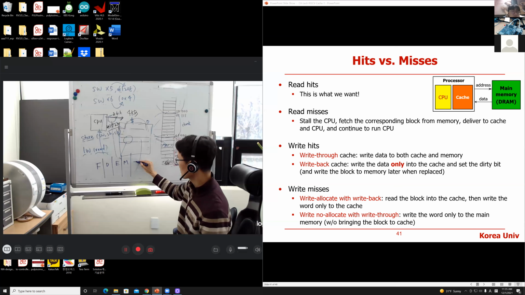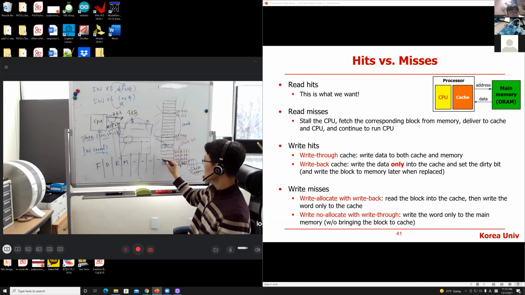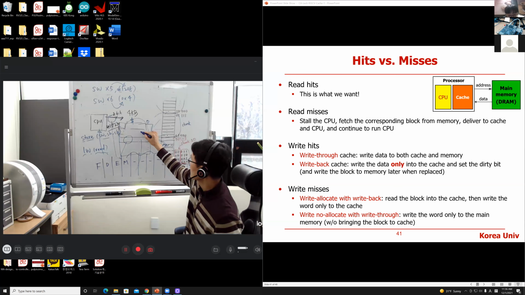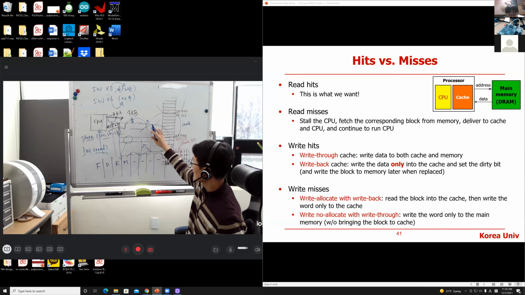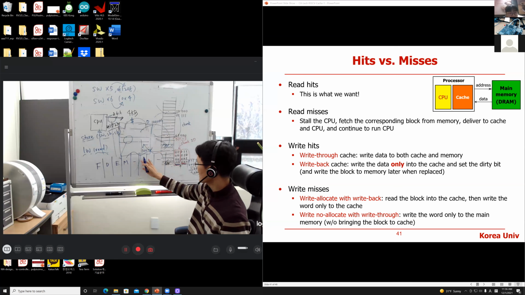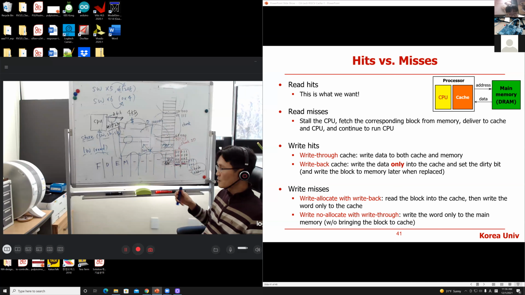So you have to stall the pipe. Then probably, I don't know, depending on memory access latency, then miss penalty, right? So let's say it is 100 clock cycles. Then stall the pipe for 100 clock cycles, then write back, right?